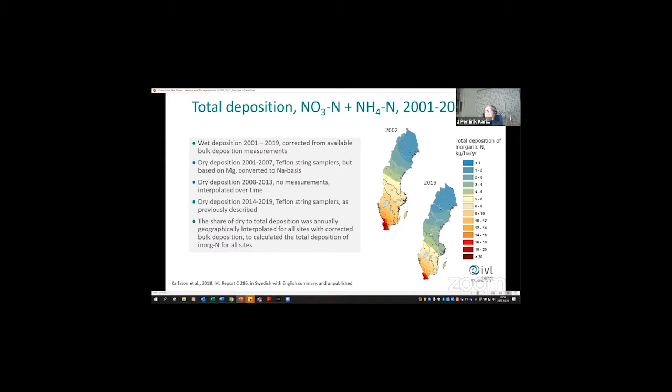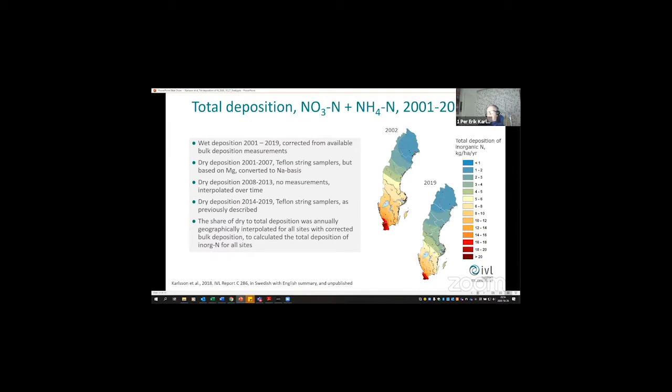But for the first period, 2001 to 2007, we had these Teflon string measurements, but we had roofs of plywood, and we afterwards discovered that there was sometimes a leakage of sodium out of these plywood roofs.